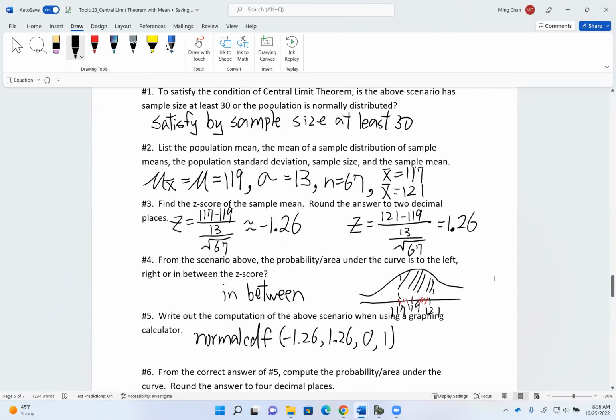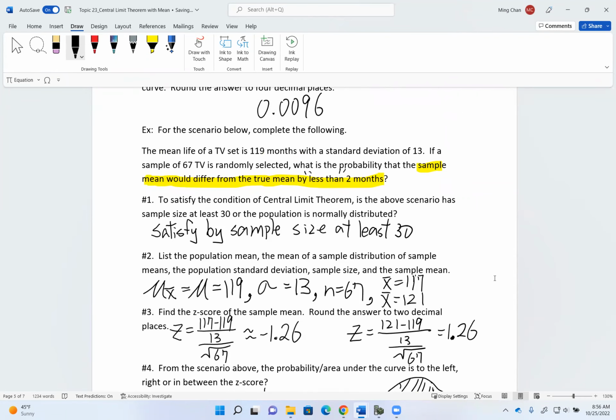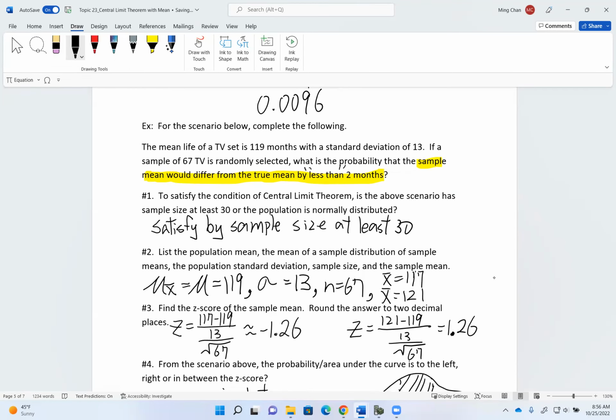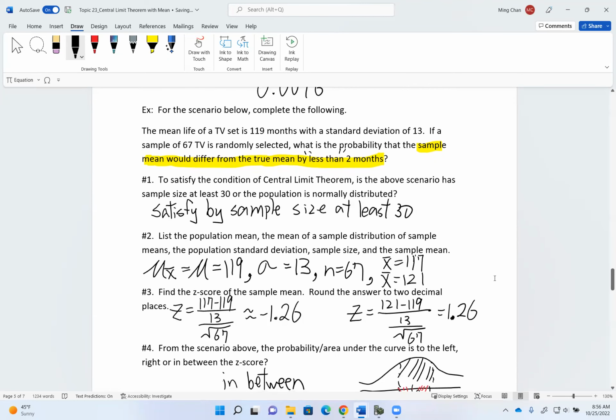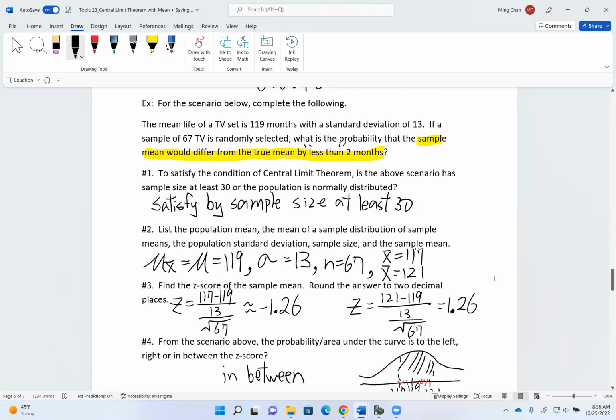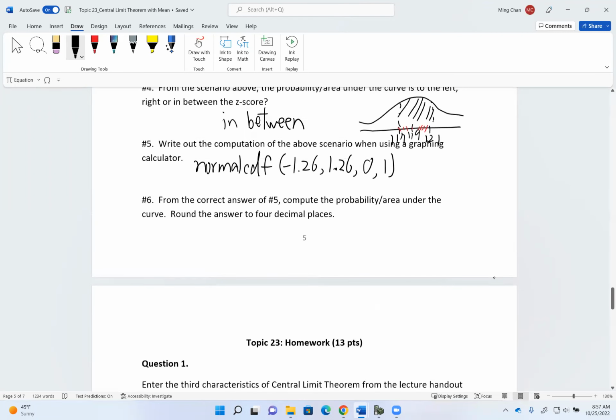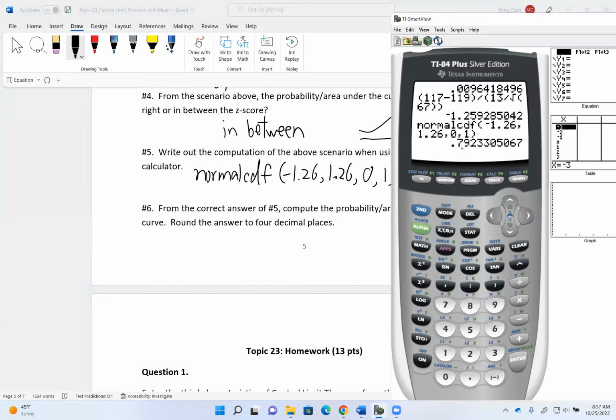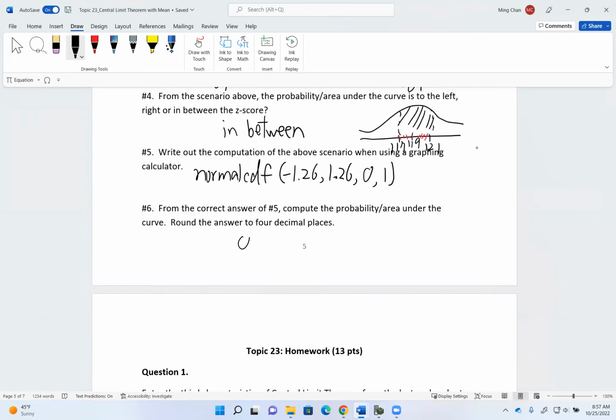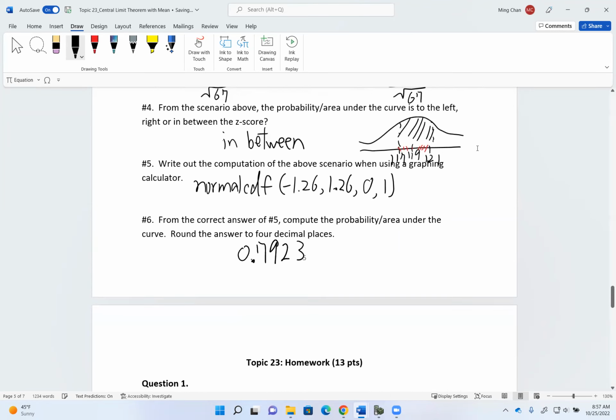The probability that the sample mean will differ from the true mean of 119 by 2 months, out of the 67 TVs I randomly selected, will be about 0.7923. About a 79% chance that it will be within that 2 month period.